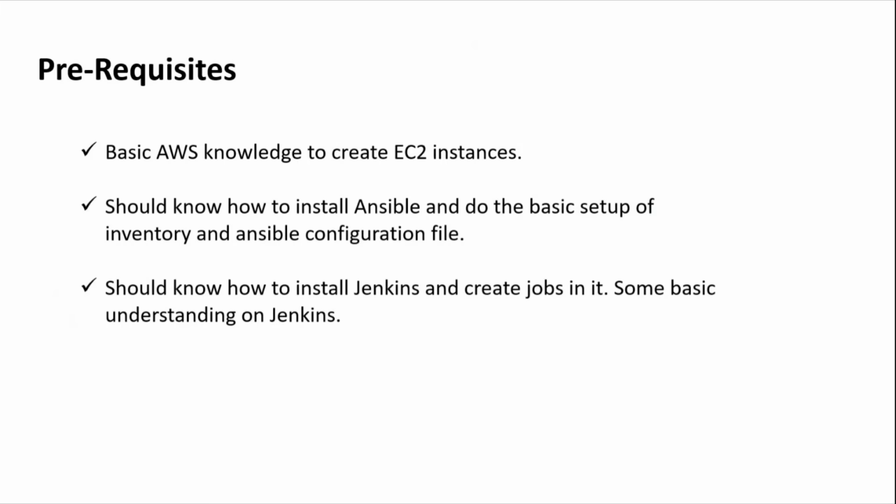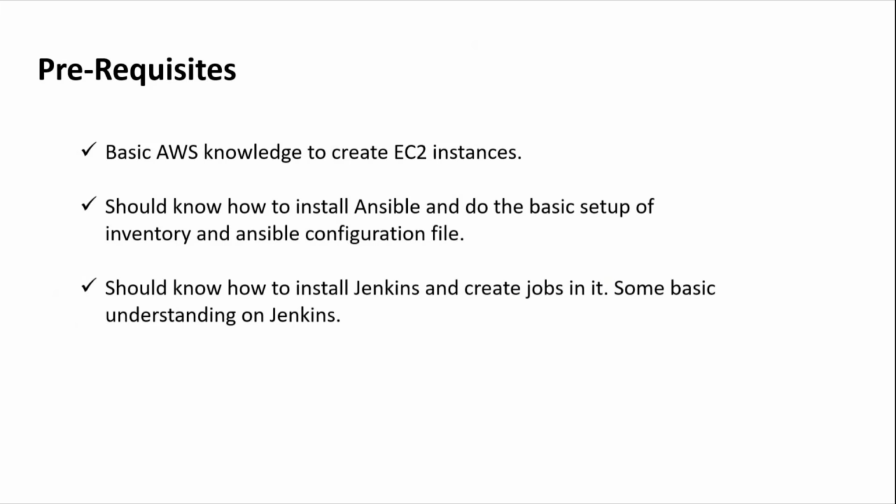And you should have some knowledge to install Jenkins, create some jobs, and have a basic understanding of Jenkins setups. No worries if you're not sure about the Ansible setup and Jenkins setup. If you're totally new to this, you can just follow my previous videos, which I have linked in the description below.